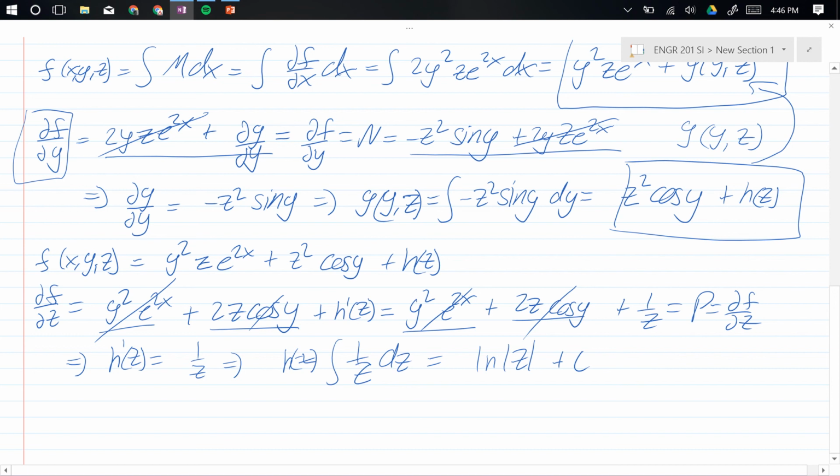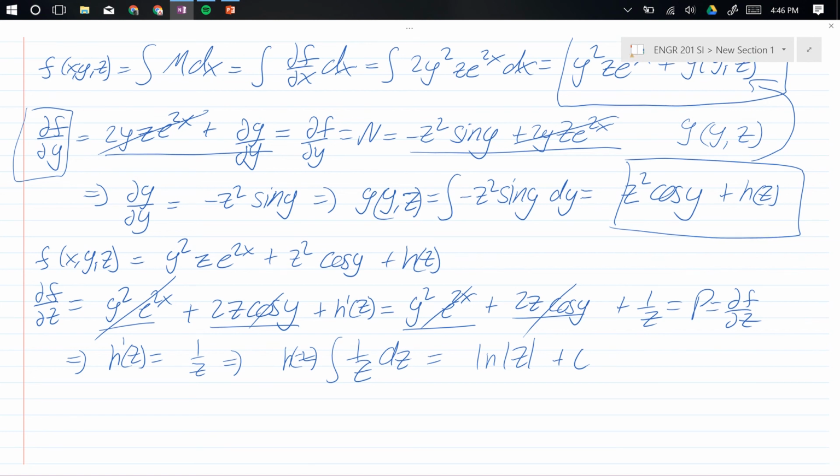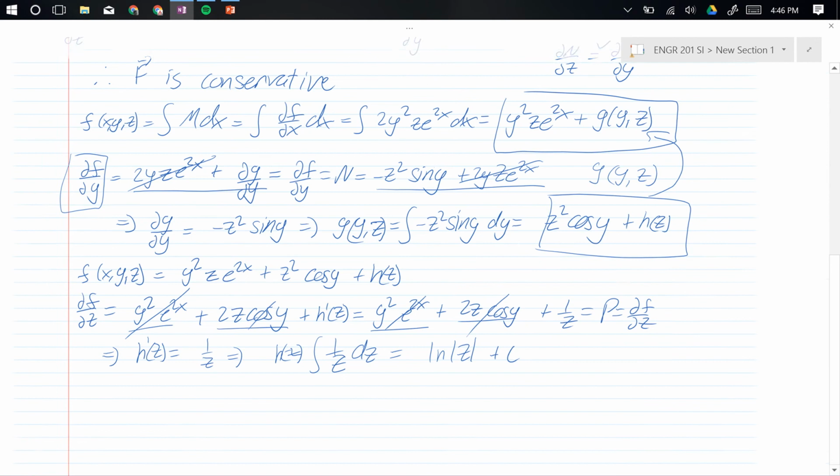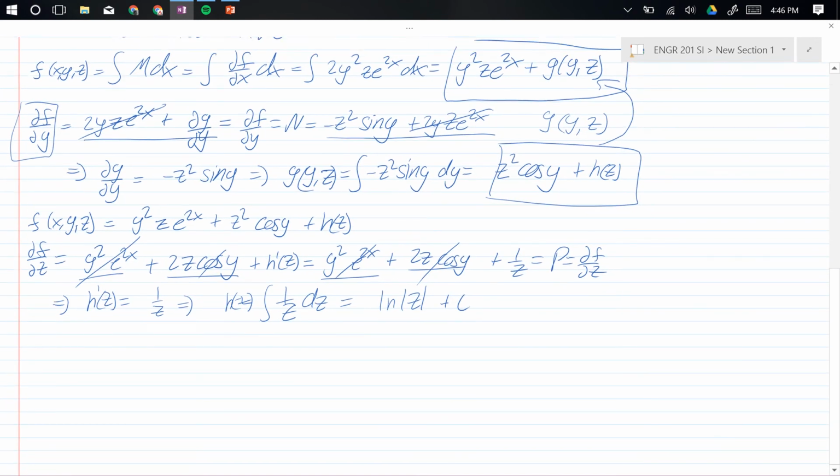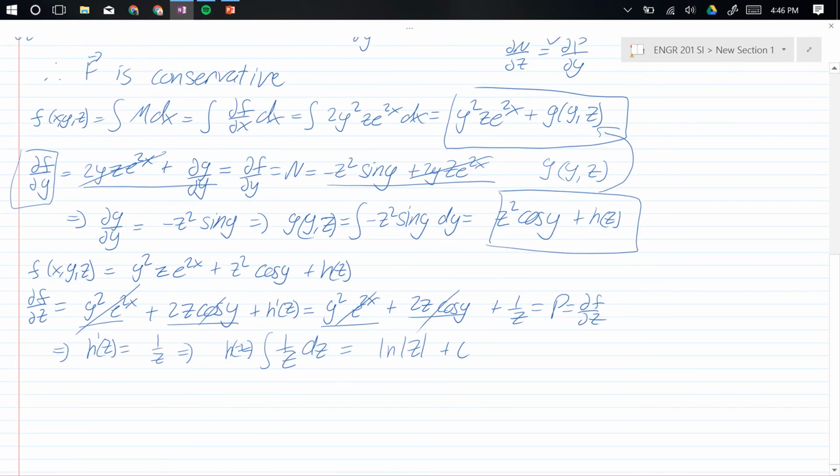Now we've accounted for every variable and any possibility of our partials for our m, n, and p, and we found each function within a function, kind of. We have f of x, y, z, and there's a g of y, z in there, and then for the g of y, z, you had h of z. Now we've broken down h of z to being just an equation with a constant.